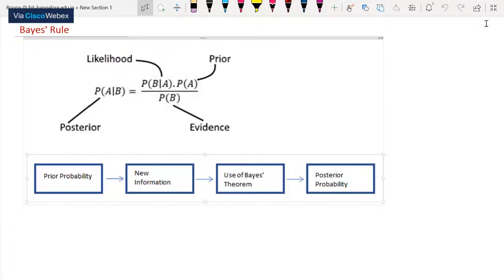This rule is very important in all streams, not only engineering but also medical. When they want to take a decision, they use Bayes rule whenever there is ambiguity or uncertainty. Because we are given A given B, and we are asking B given A, we check whether they are correct or not.